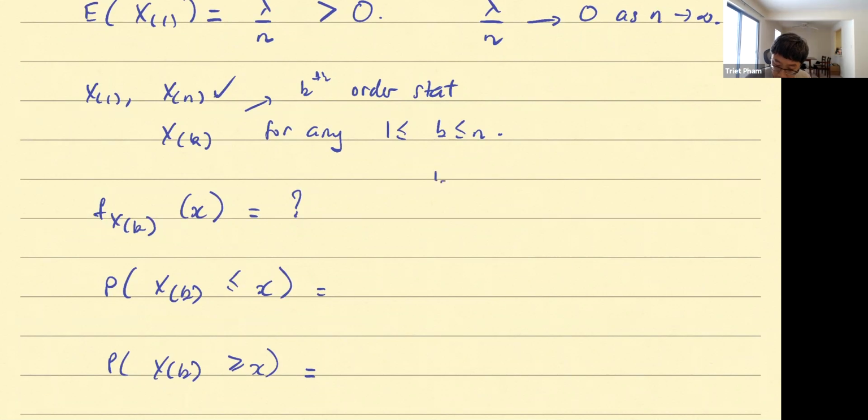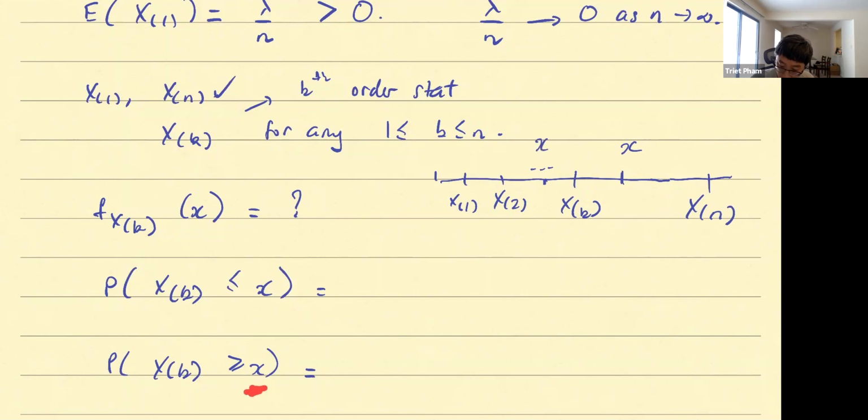So to give you some picture, suppose we have your minimum, and then your second one, and so on and so forth. You have your kth order statistic somewhere here, and you have your max here. You could look at a value x like this, and ask what's the probability that k values of your sample are to the left of it, or you can consider an x on this side like this, and here you ask k plus 1 values of your sample are above it, or something.